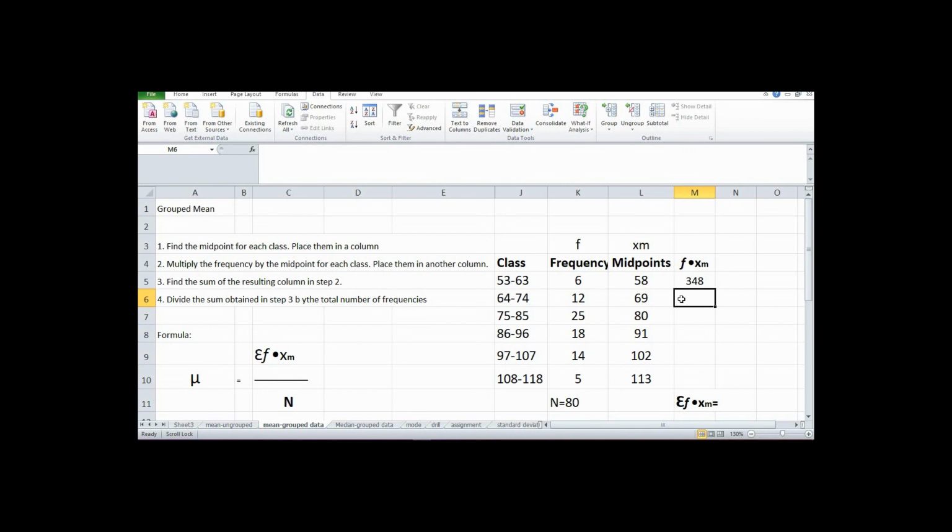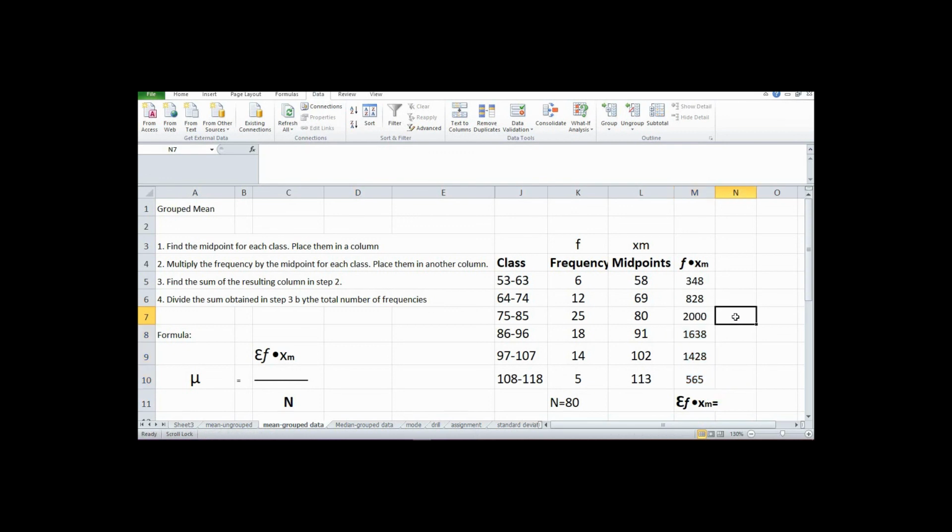Same process, you can multiply this one, okay, 828. Or if you are using Excel, you can copy the formula, not the value of 828, but the formula, on this particular cell. So drag down, Ctrl V, then we have now the value.